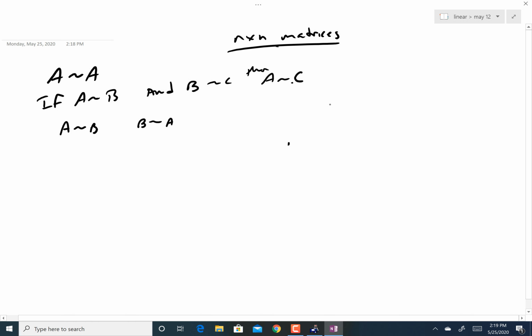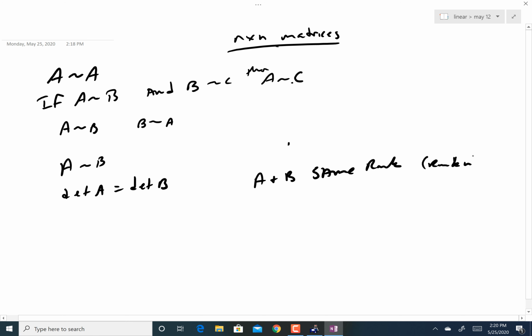So here's a couple other things. If A is similar to B, then the determinant of A is equal to the determinant of B. A and B have the same rank, which, by the way, will be full rank. It'll be rank n.